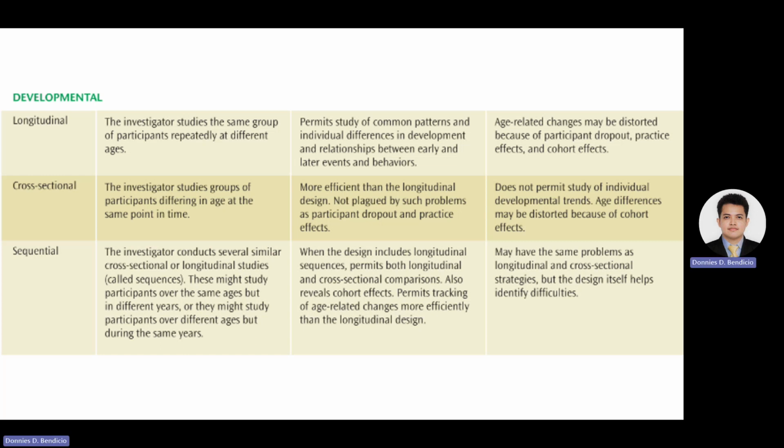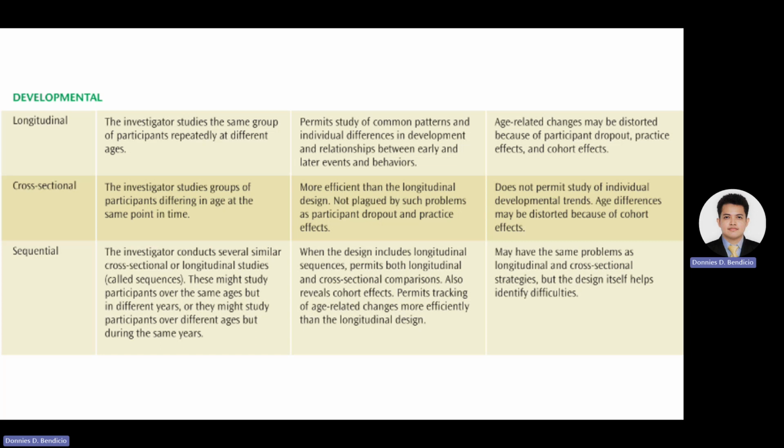Again, briefly, let's review longitudinal design. It involves studying the same group of individuals or participants over an extended period of time with multiple data collection points at different time intervals.